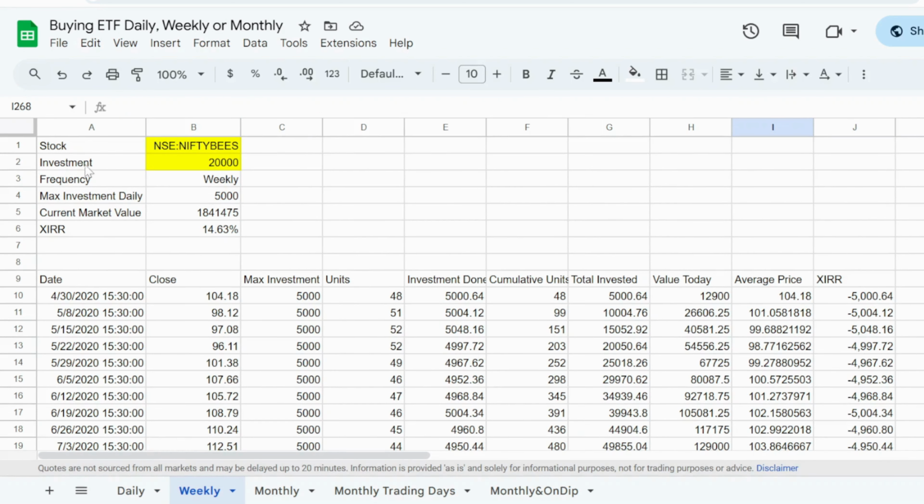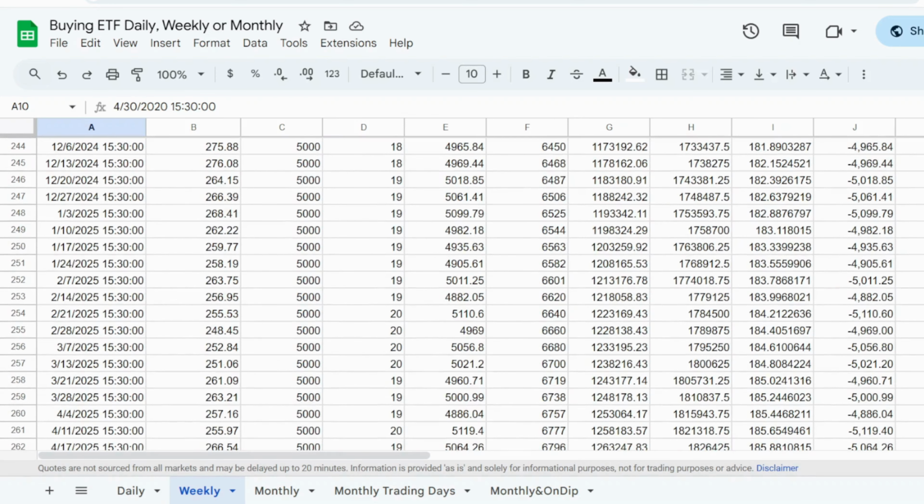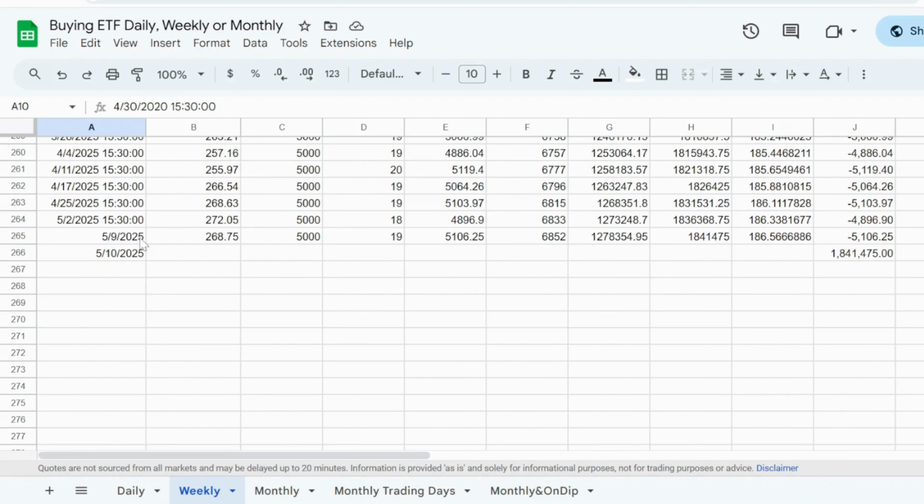So weekly, again the investment is 20,000 and the max investment, it should be weekly, max investment weekly, let me change it. Okay, so max investment weekly is 5,000 rupees. Okay, so then again I have started from 2020, April last 2020, and then we have taken till today, that is yesterday, 5/9/2025.